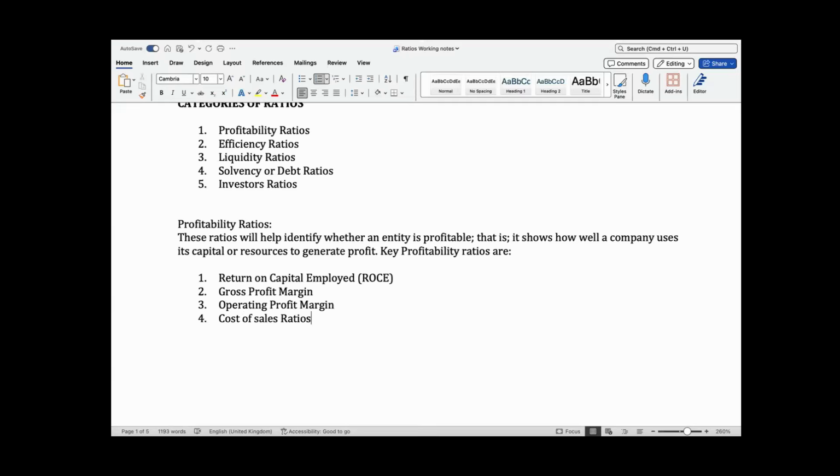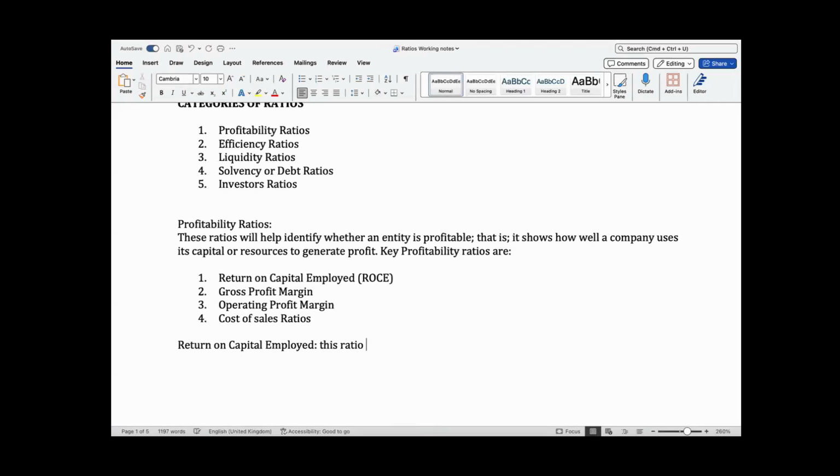These are the major ones that you need to be aware of for your exams. There are a lot more, but now I'm very exam focused. The first one is return on capital employed.